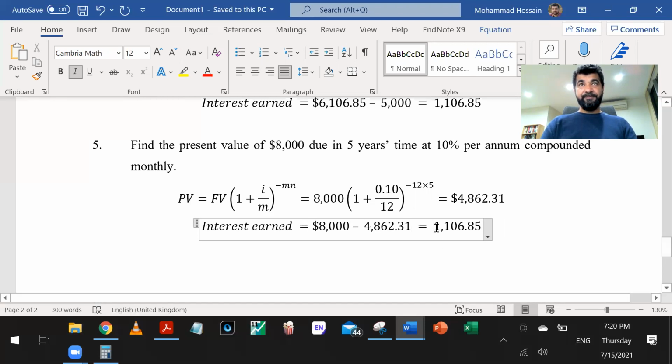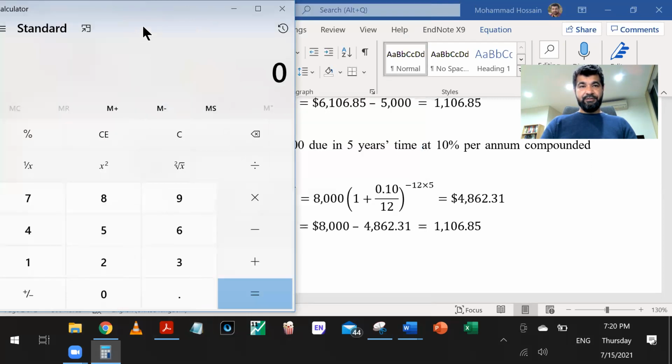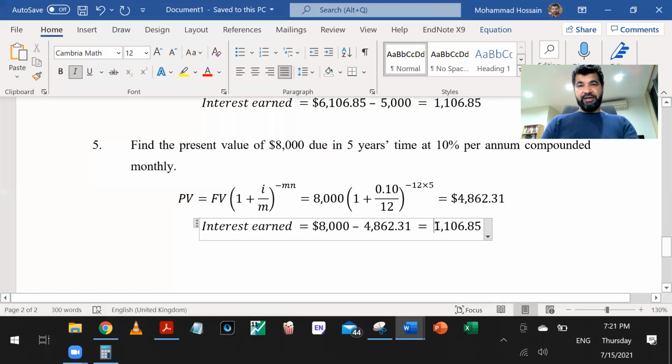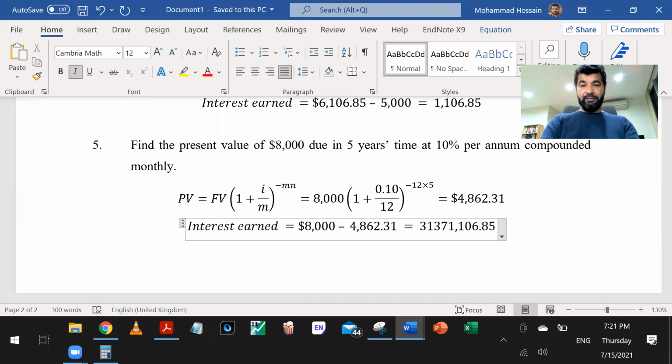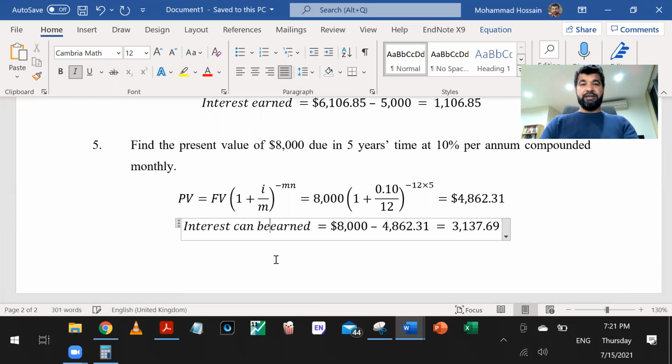How much will it be? $3,137.69. That much interest can be earned.